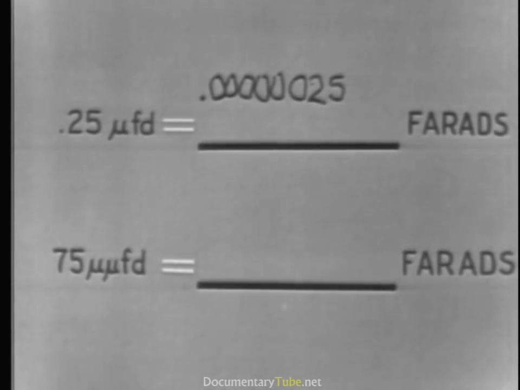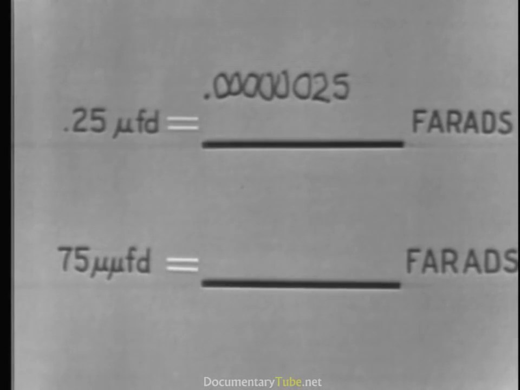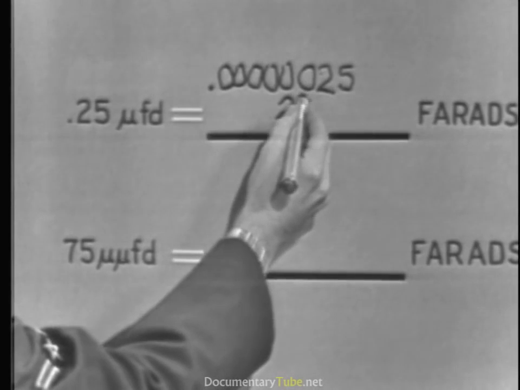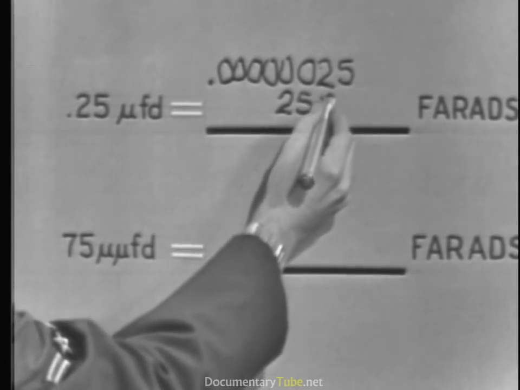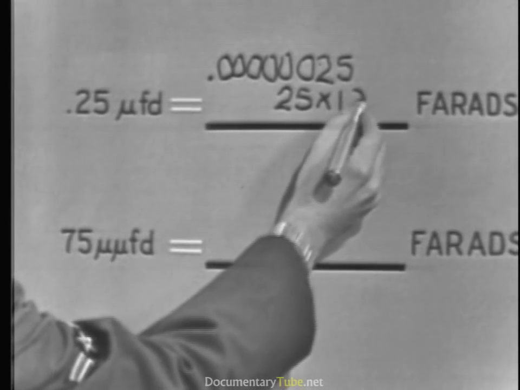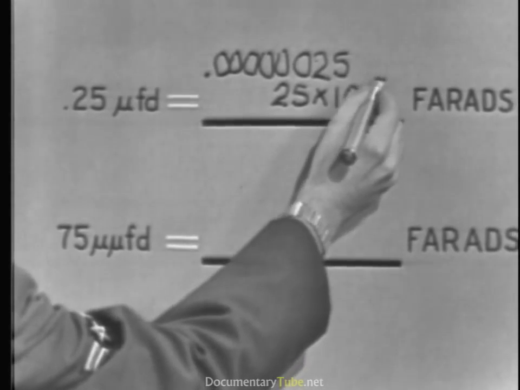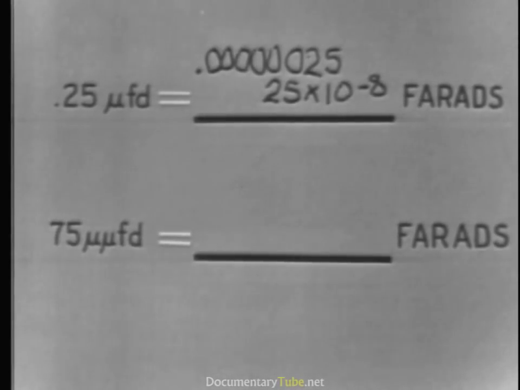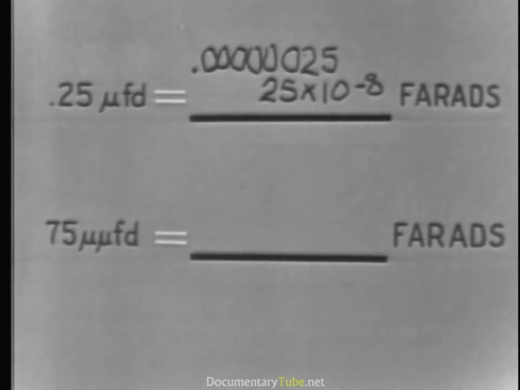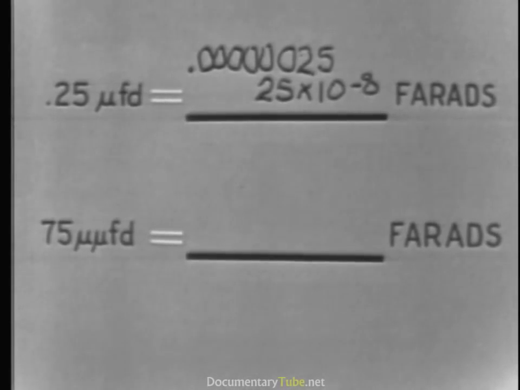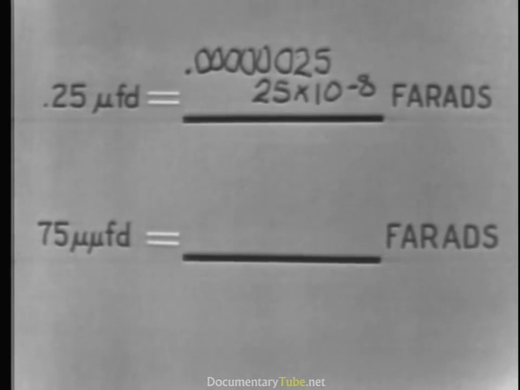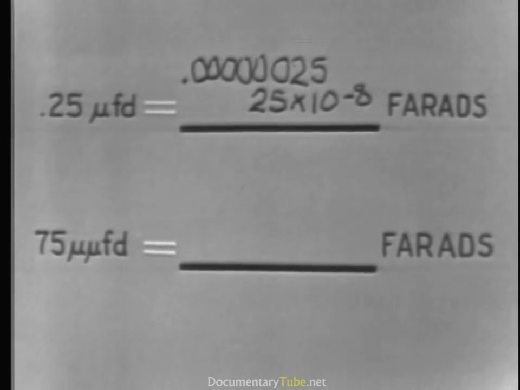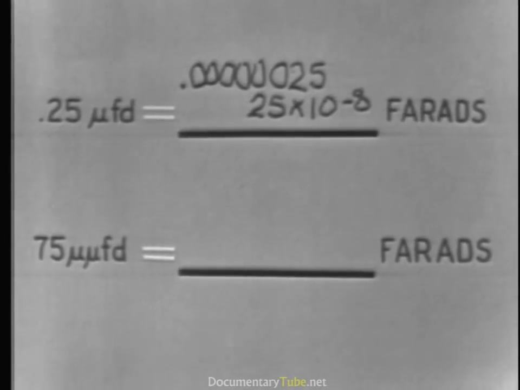But you also know how to use the powers of 10, and that's the simplest way to write this number. All you need to do is count the number of places to the right of the decimal point and write the value as I did, using the number of places as the minus power of 10. Now, in this one, we must move the decimal point 12 places to the left because it's in microfarads.